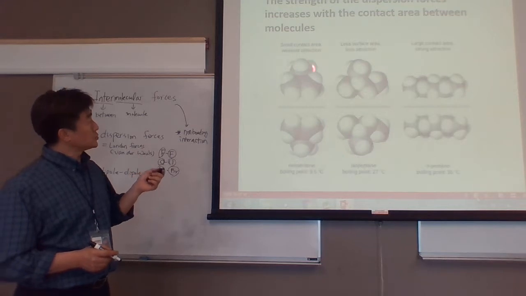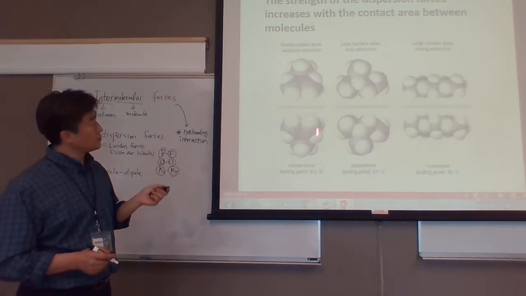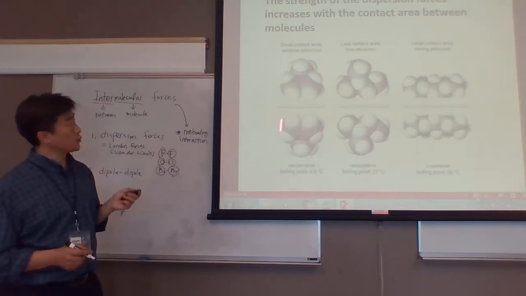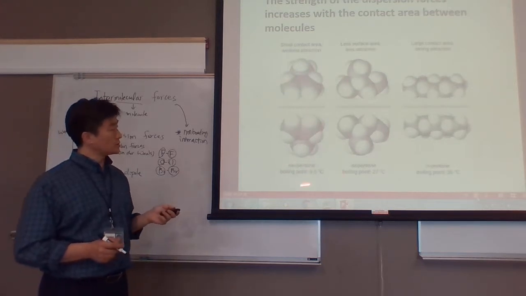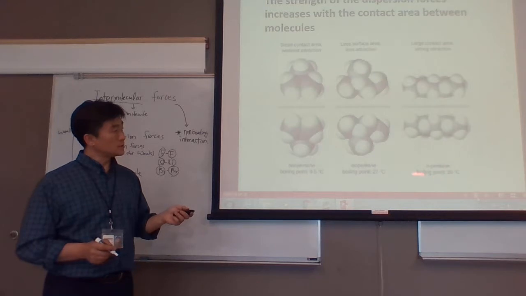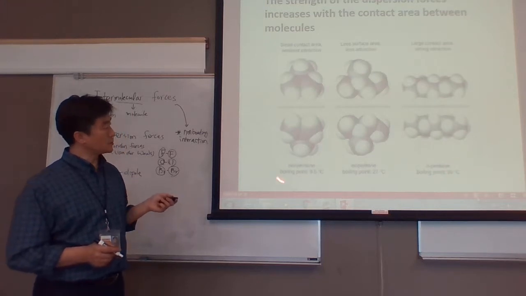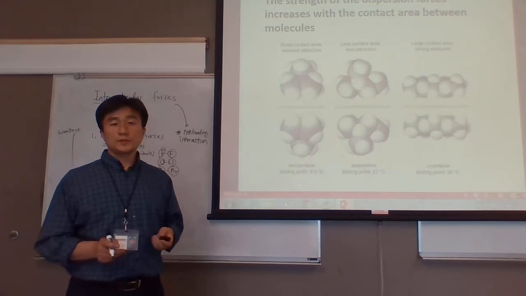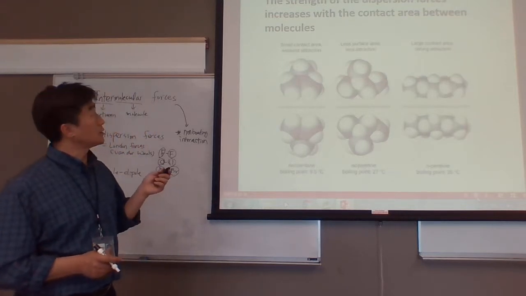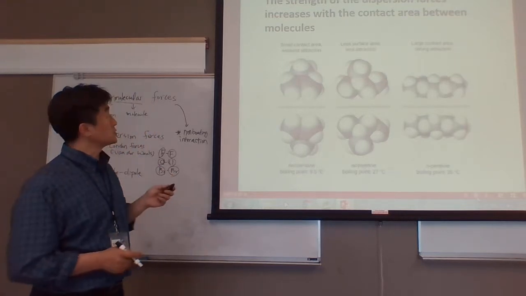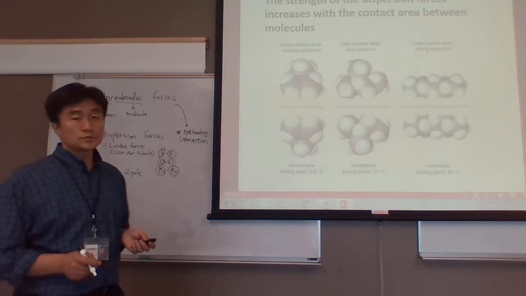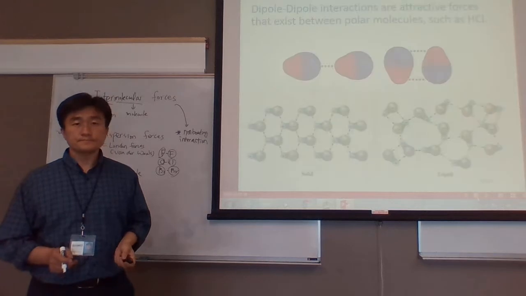This one is showing a spiral, and this has a small contact area. We expect the weakest attraction. And we can say the boiling point is higher than this one. So we can explain the boiling point by dispersion force, also the contact area, also molecular mass.